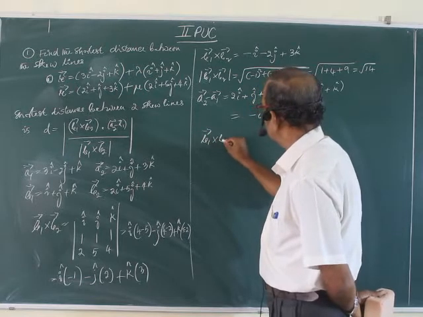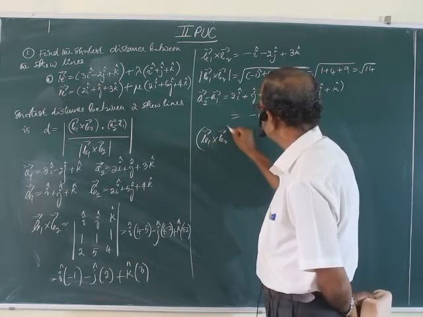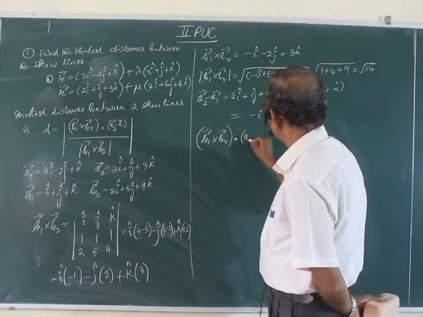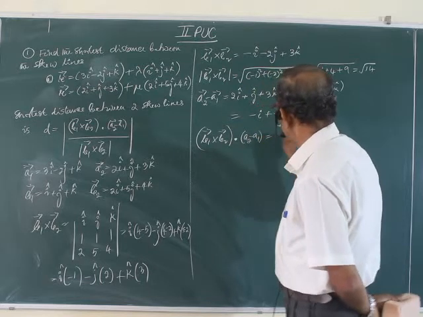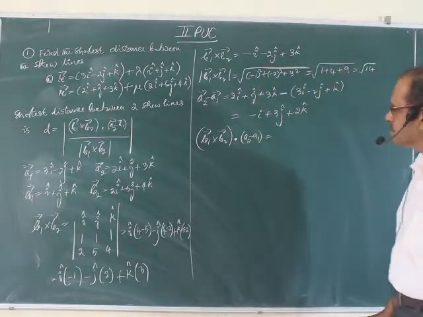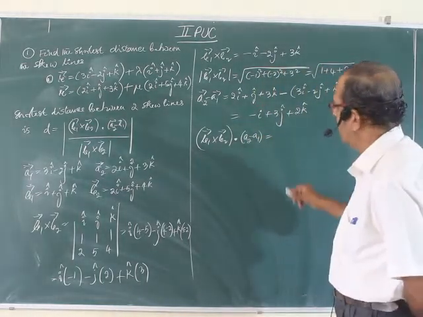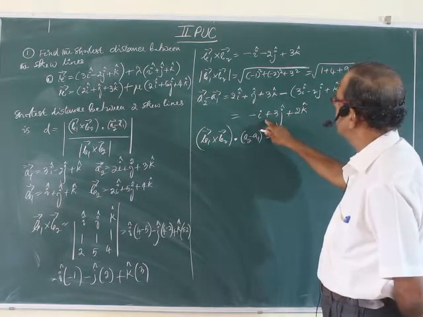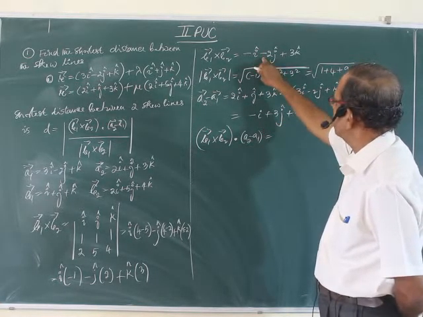b1 cross b2 dot a2 minus a1 now. a2 minus a1 here, b1 cross b2 is here.